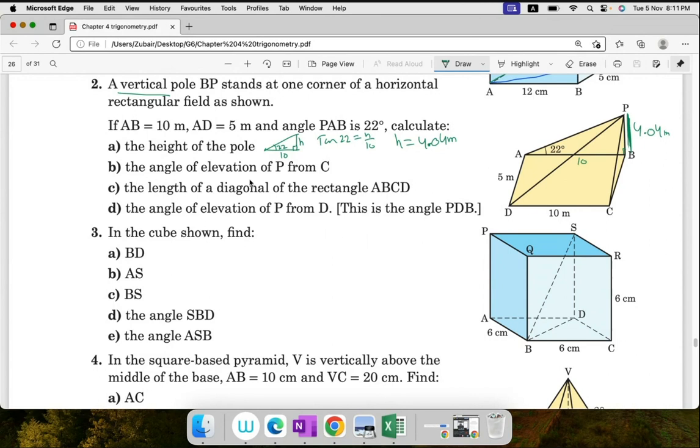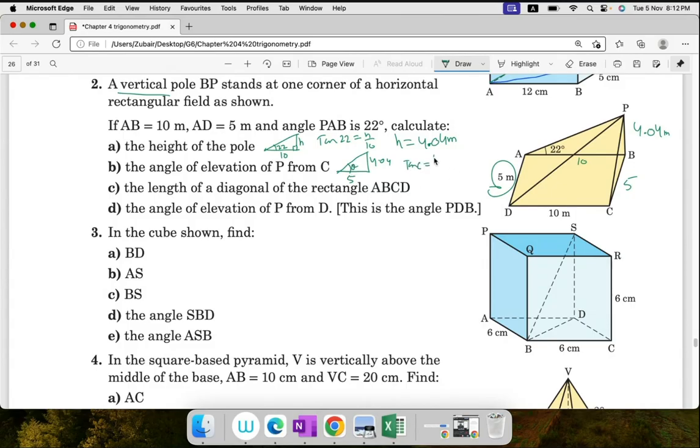Then it says the angle of elevation of P from C. AD is 5 already, so BC is 5. Now see, angle of elevation from C. I'm extracting my required triangle. PB is 4.04 and the base is 5. So angle of elevation, again, I'm going to use tan.